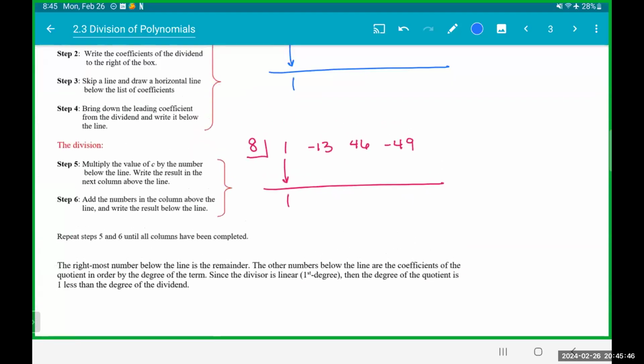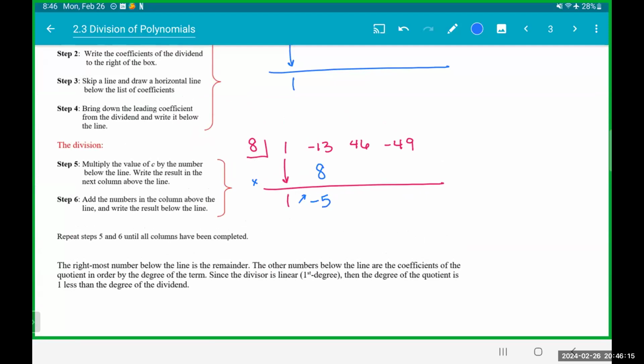Okay, so now 8 times 1. Think of this right here as times. So 8 times this number goes here. 8 times 1 equals 8, goes there. Now we just add those together. Negative 13 plus 8 is negative 5.